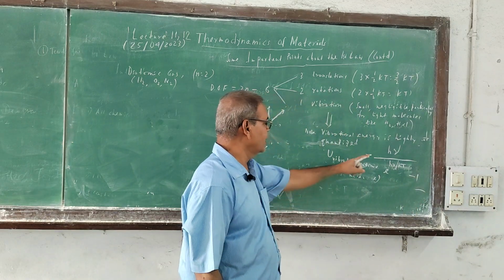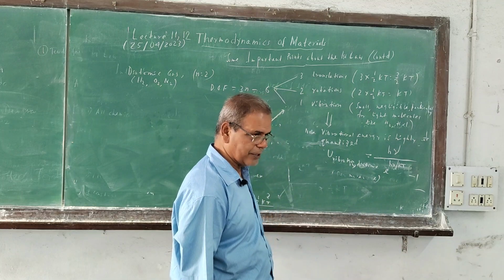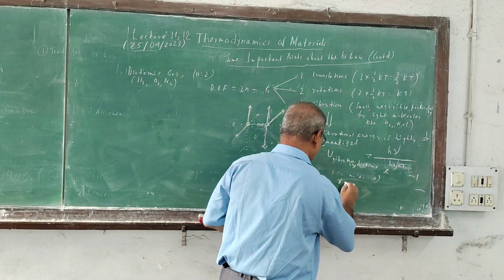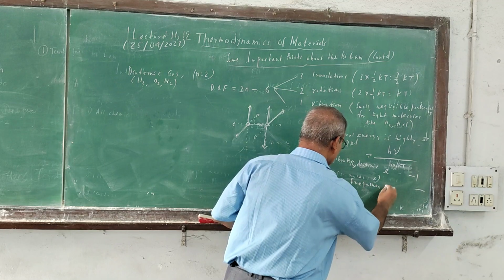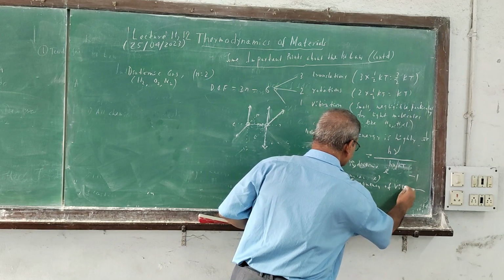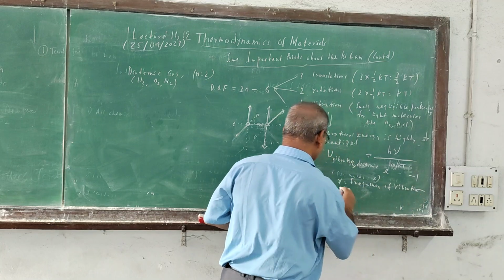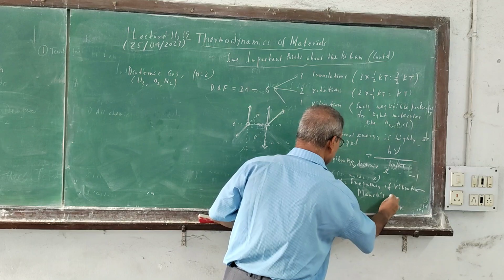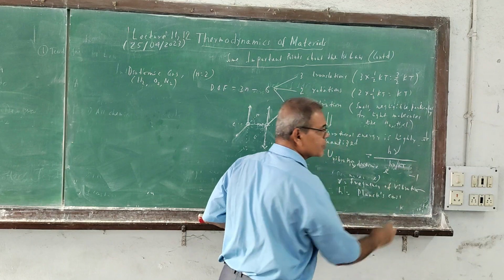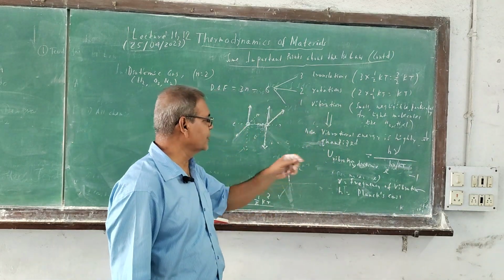Remember this. Nu is the frequency of vibration, h is Planck's constant, k is the Boltzmann constant, and T is the temperature.